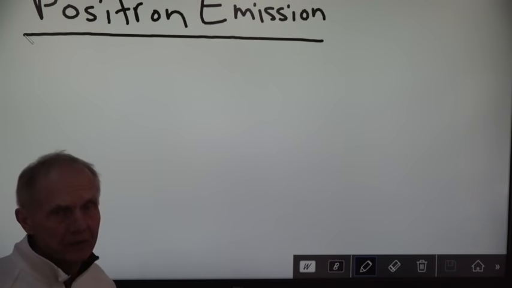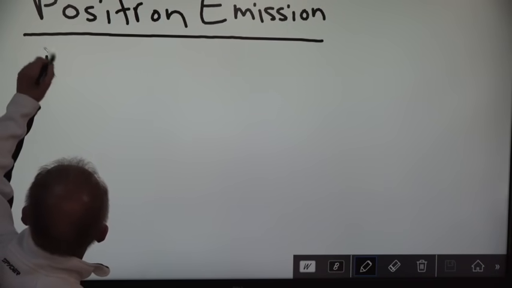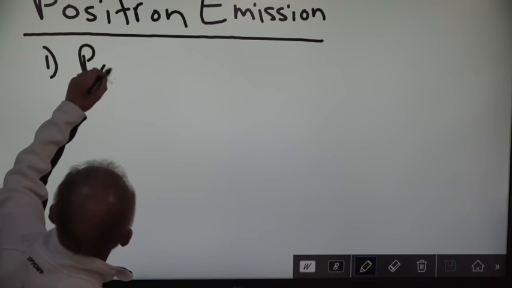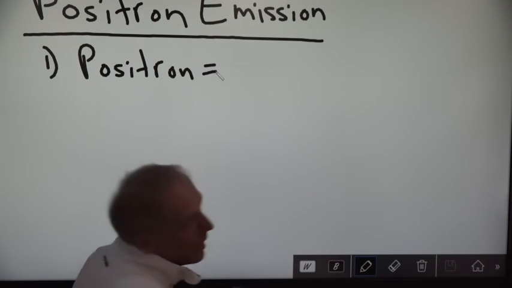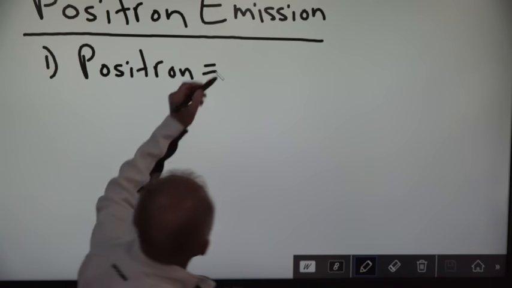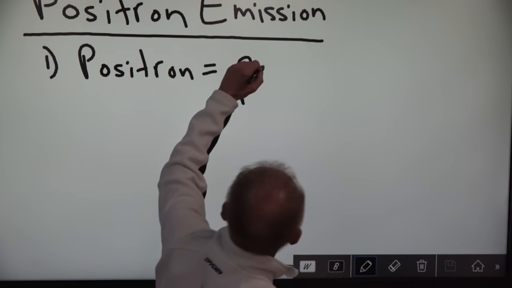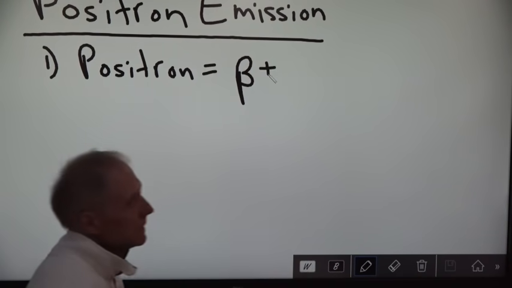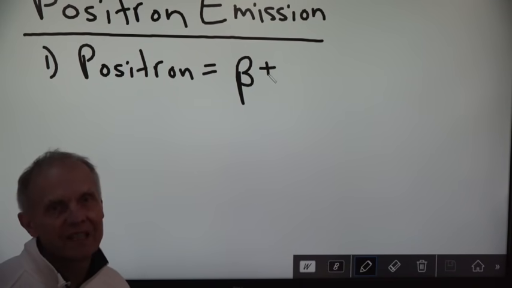You never heard of a positron. So, a positron, sounds weird, has a symbol of this. It looks like a beta particle, but it is positive. So, a positron is a positive electron.